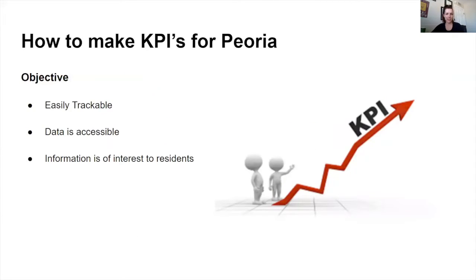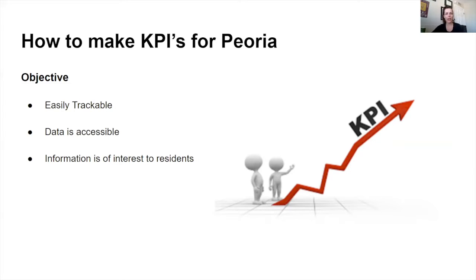Now you have a clear idea of how useful KPIs can be in monitoring and tracking sustainable progress. I can illustrate how I started to craft the KPIs for the city of Peoria. I focused heavily on research of KPIs being used by other sustainable-minded cities surrounding Peoria, mainly Phoenix, Tempe, and Scottsdale.